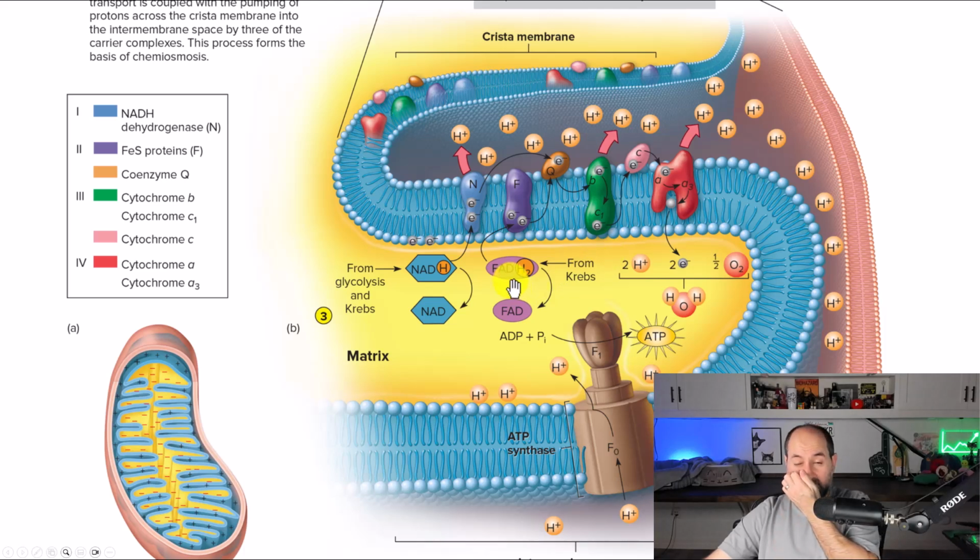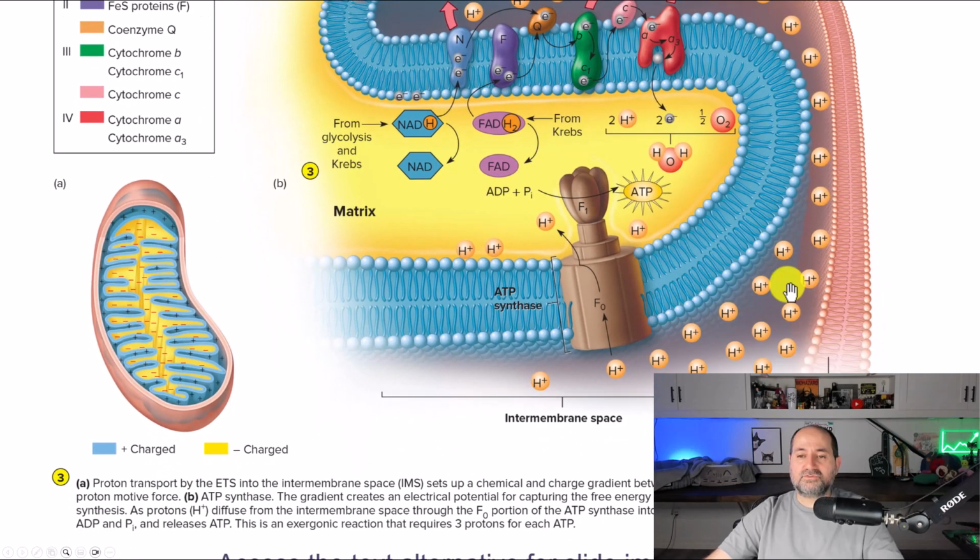And the 2 FADH2 from the previous steps show up and drop off their electrons here as well at complex 2. Those electrons go through the electron transport chain, resulting in active transport of protons. Those protons diffuse back in through a process known as chemiosmosis, exerting a proton motive force, which spins ATP synthase to produce ATP. And remember, the lion's share of ATP is made this way, a process known as oxidative phosphorylation, not substrate-level phosphorylation.